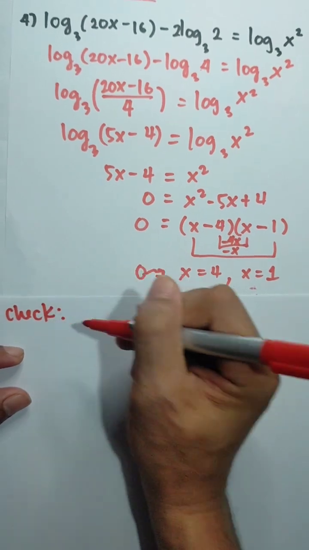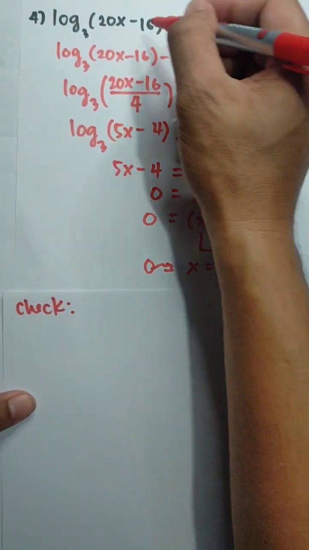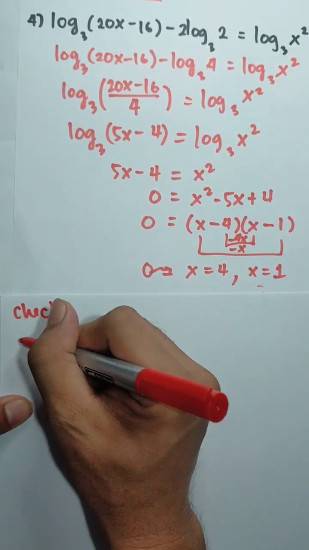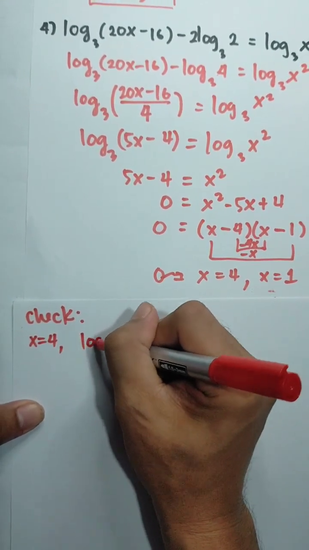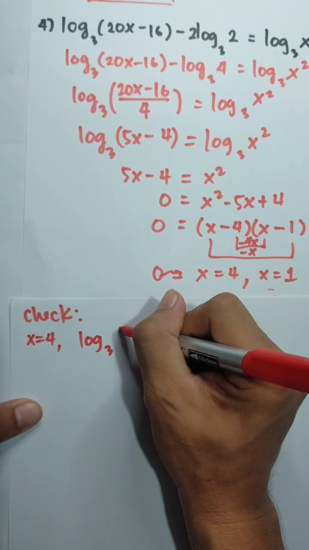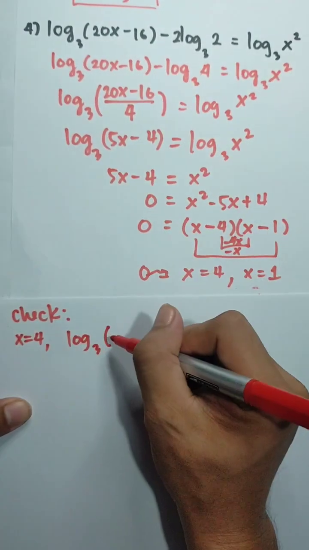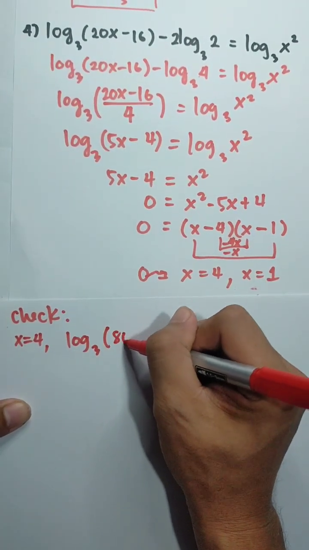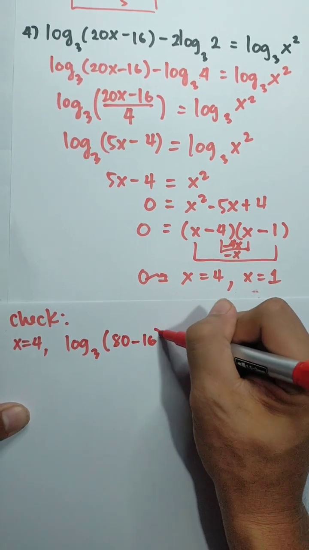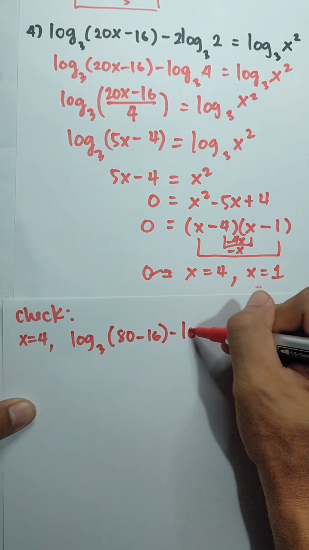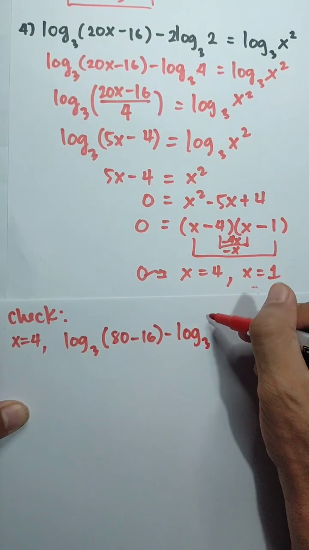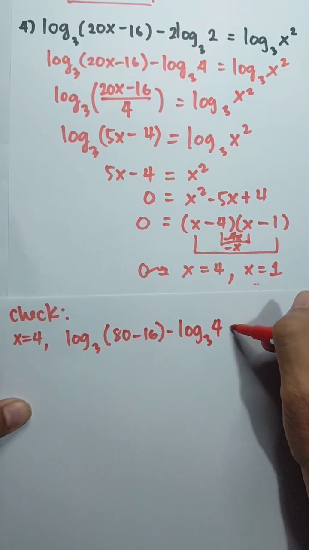When you do checking, you have to use the original equation. So when x equals 4, we have this, and 20x, that's 20 times 4, that gives us 80 minus 16. And this one, we can write this as log base 3, 2 to the 2 is 4.